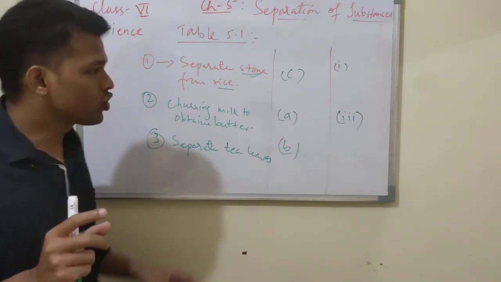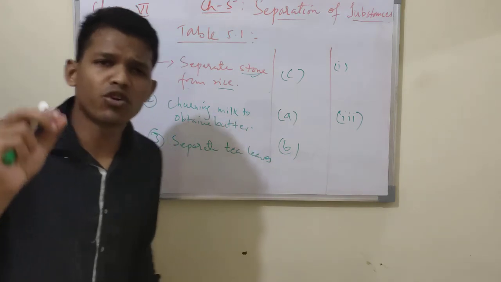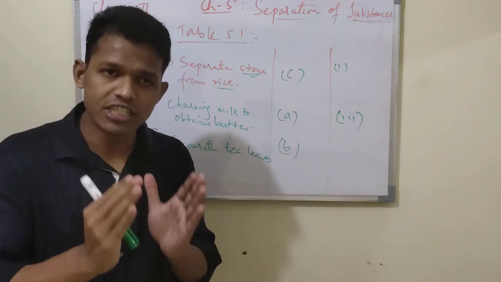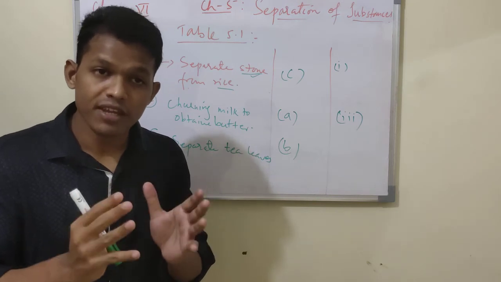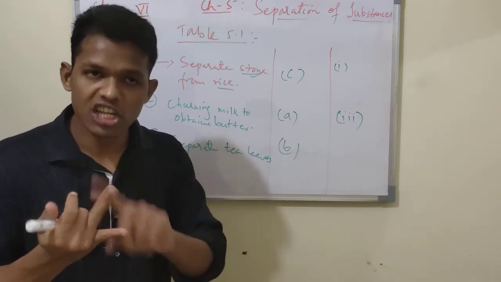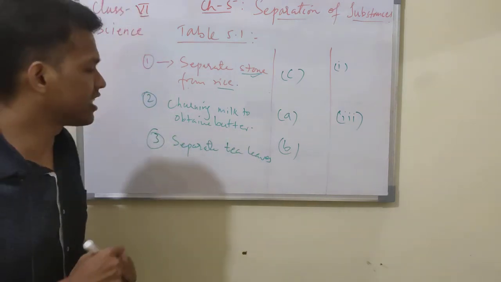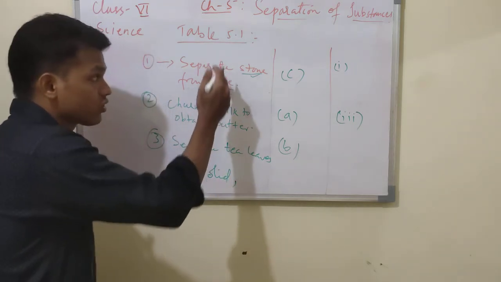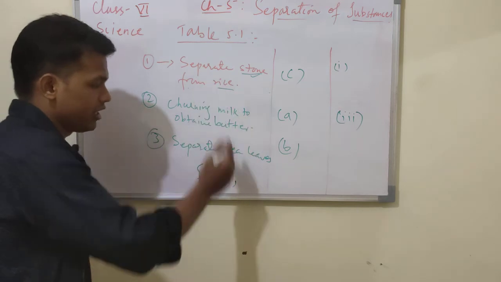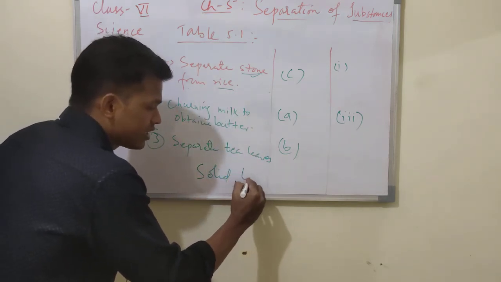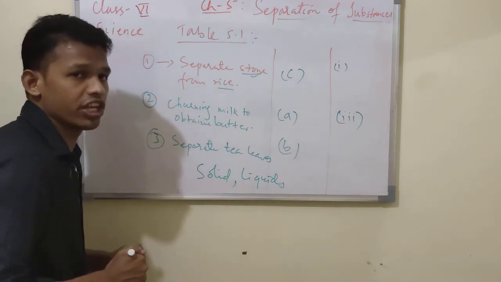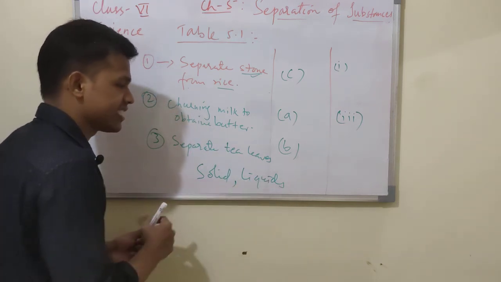If we talk about smaller size, separation of substances can be done in solids, liquids and gases. Milk is a liquid, and butter is a solid.